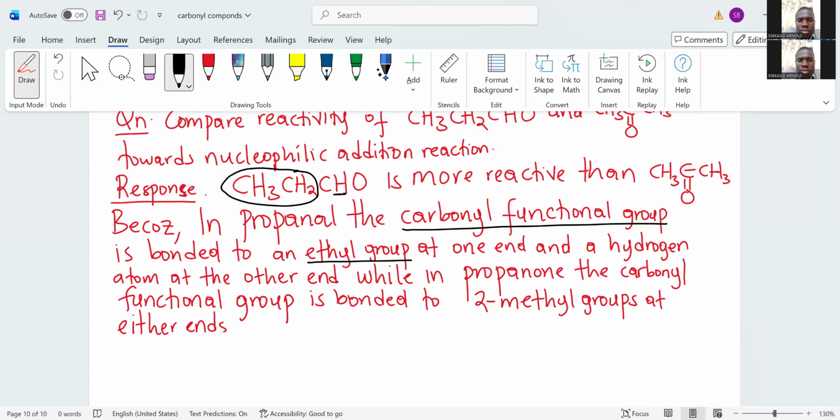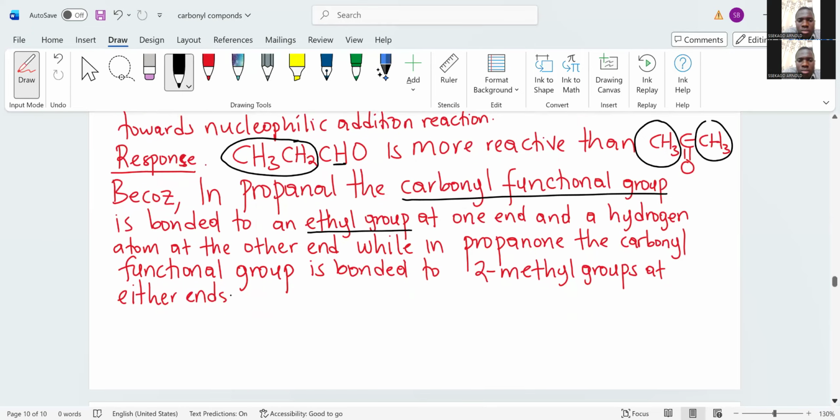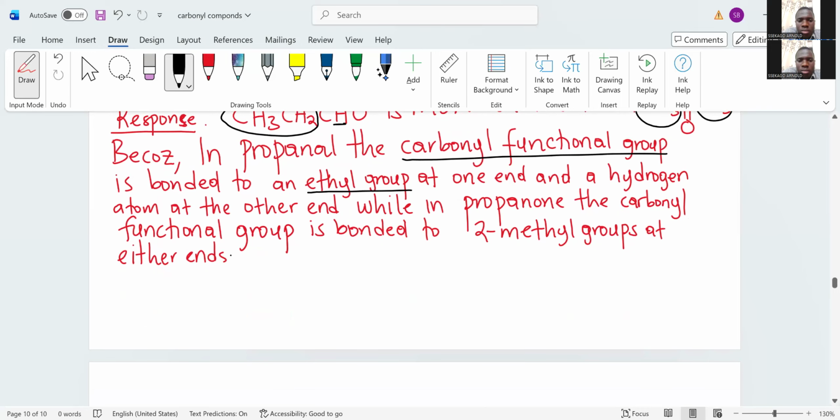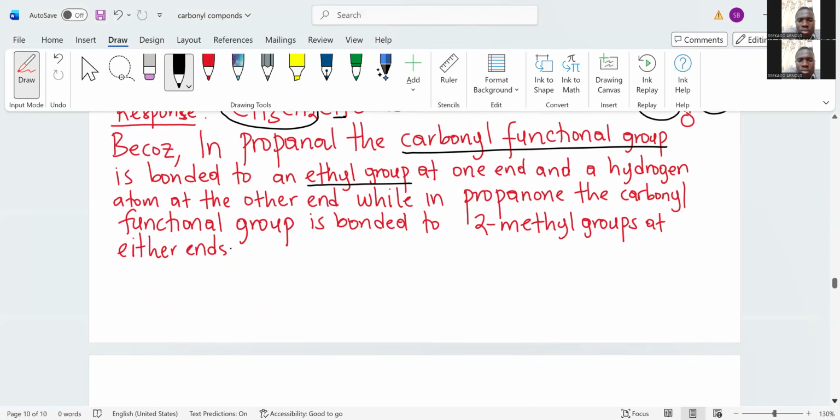While in propanone, the carbonyl functional group is bonded to two methyl groups at either end. Let me look at the time I have here. There are 4 minutes. I hope there will be enough.